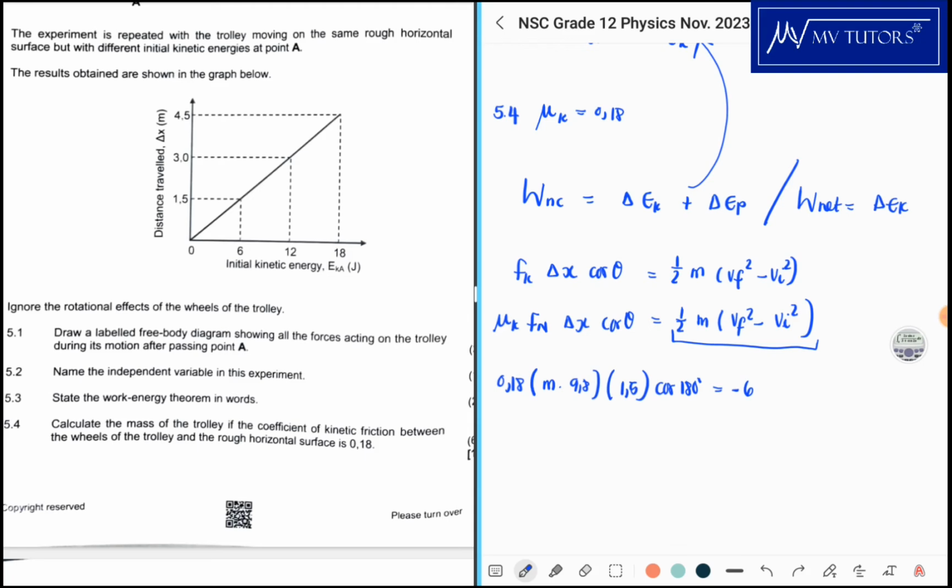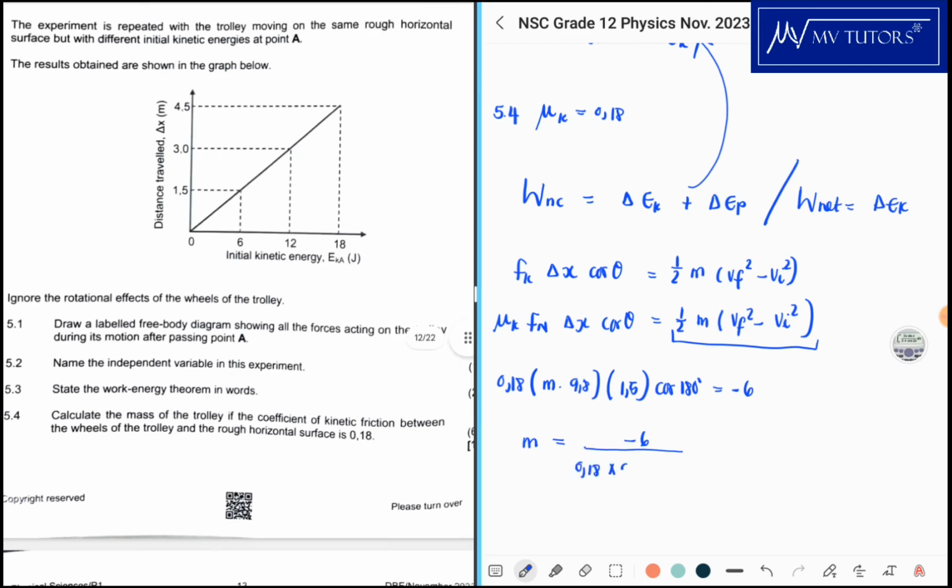Now our only unknown is m. So let me put mass by itself and then say negative 6 divided by 0,18 multiplied by 9,8 times 1,5 times cos 180, which is actually negative 1. So times negative 1.